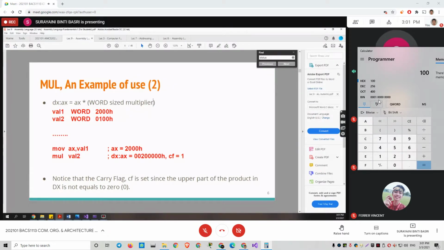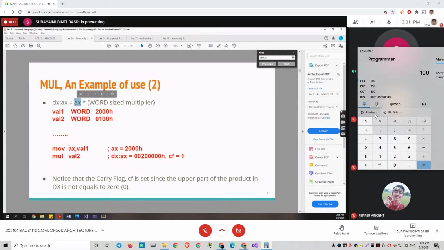So first we declare a variable and we put a number inside that variable, with 16-bit type or size. We just declare it like this, and then we put a value into our AX.